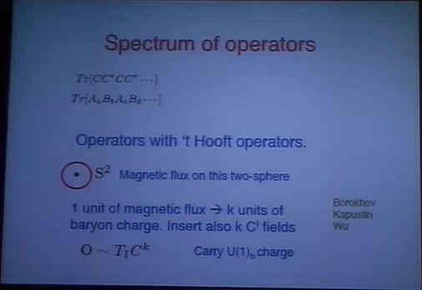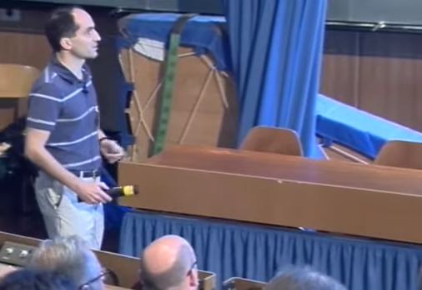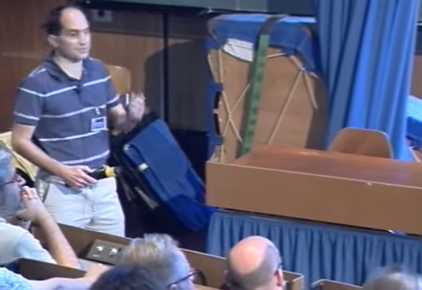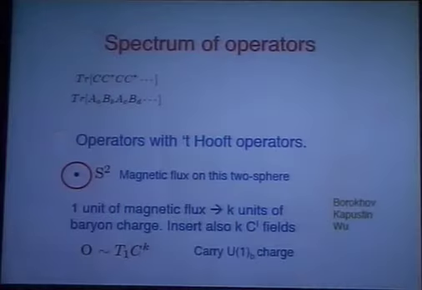Now one new aspect that happens in this theory is that if we put 1 unit of magnetic flux, the Chern-Simons coupling implies that that flux will carry a certain gauge theory charge, and will transform non-trivially under the gauge group. And so you also have to insert, in order to make it gauge invariant, some of the bifundamental fields that we talked about before.